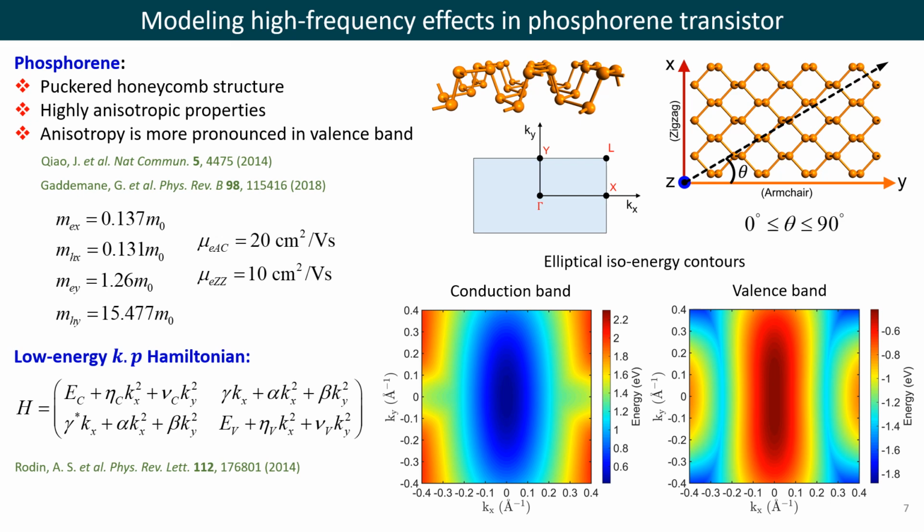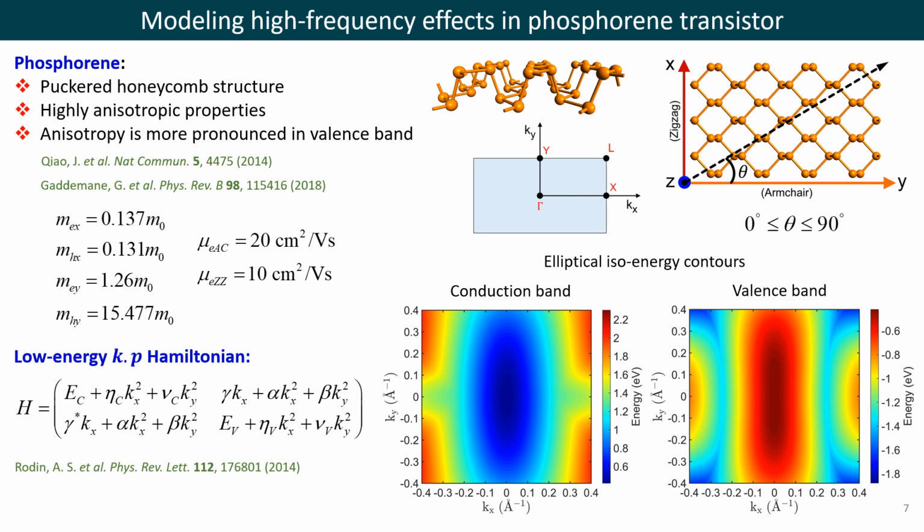Phosphorene is however well known for its highly anisotropic electronic properties arising from the high degree of anisotropy in its band structures. As shown in the color contour plots, the high anisotropy leads to elliptic constant energy contours of the conduction and valence bands.